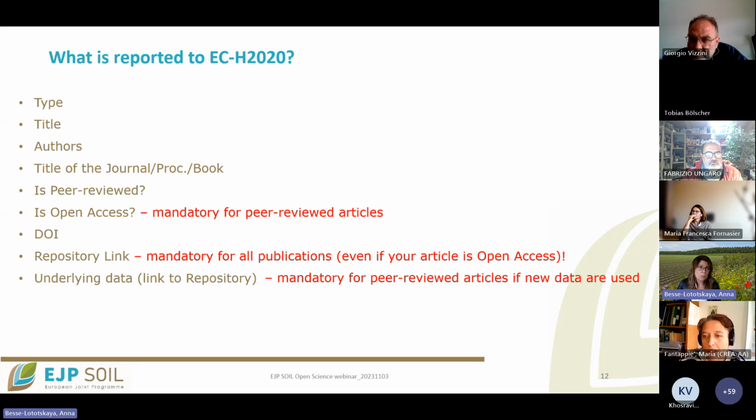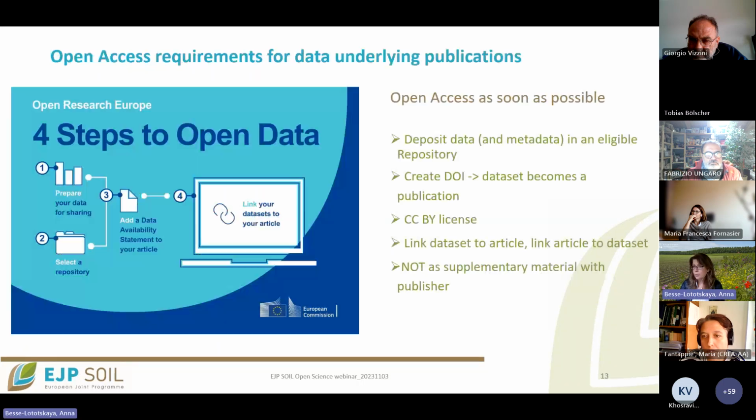So when you publish the article, you need to make sure that the data that you use for your analysis are available. How to do that? You cannot do it immediately, at least not in all cases. So the requirement is open access as soon as possible.